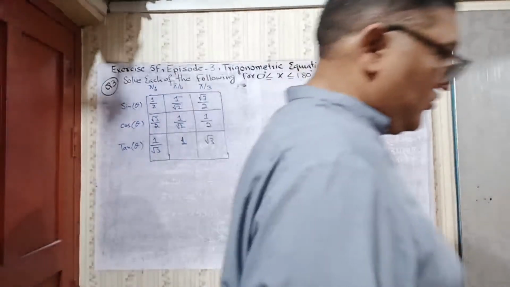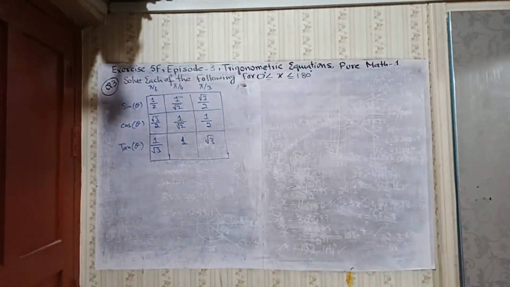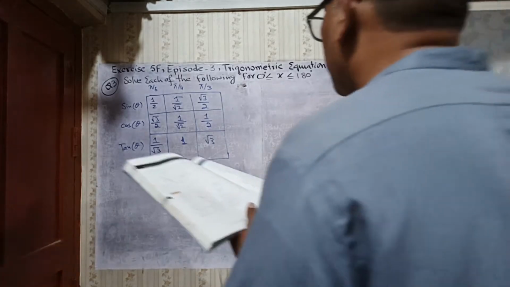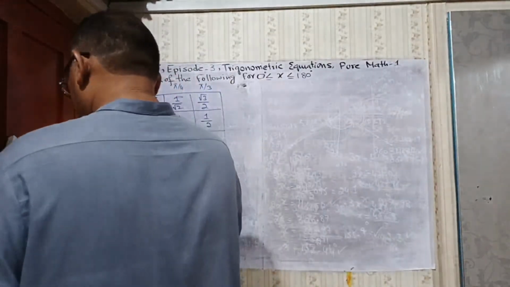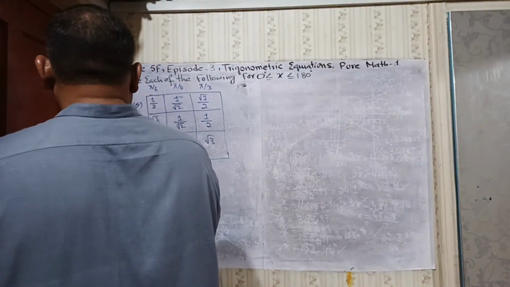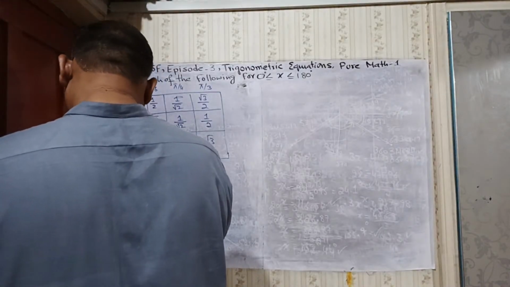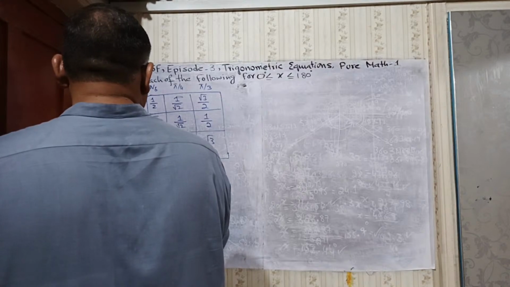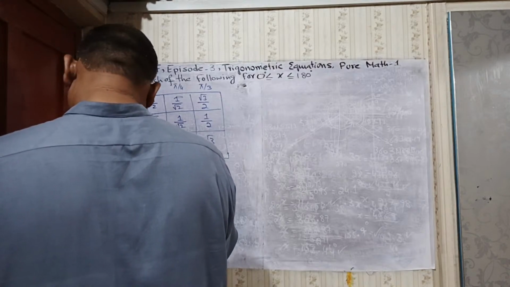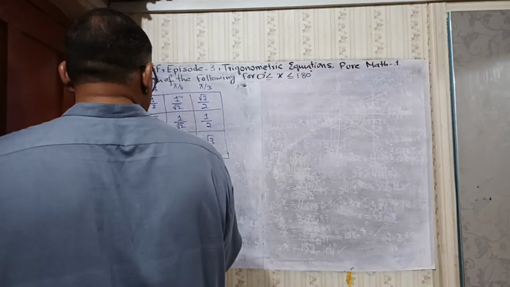Okay. So question number 3, its G part, is 4 plus 2 tan 2x equal to 0.